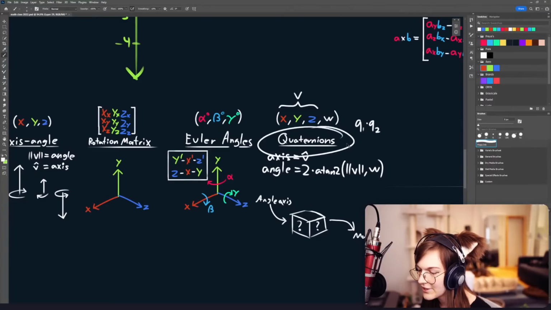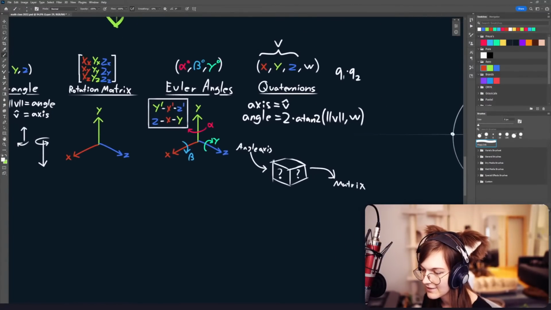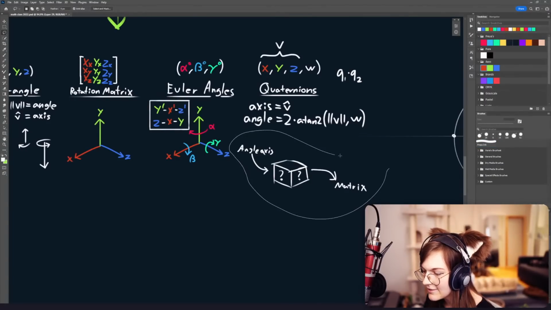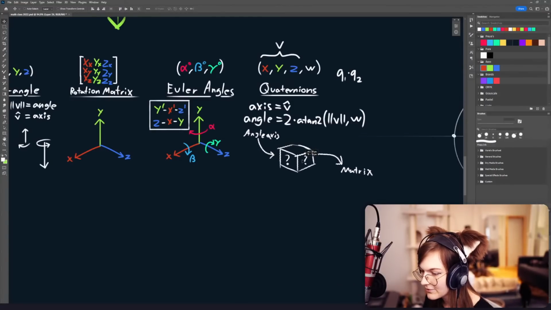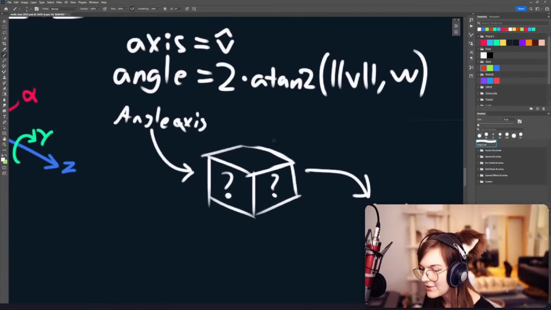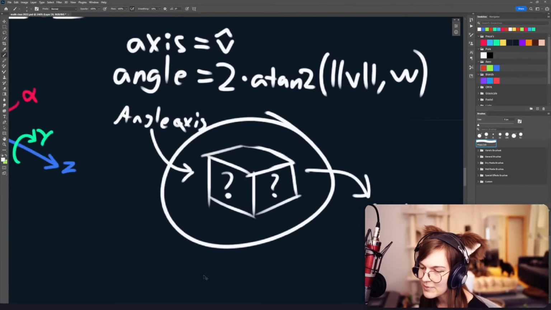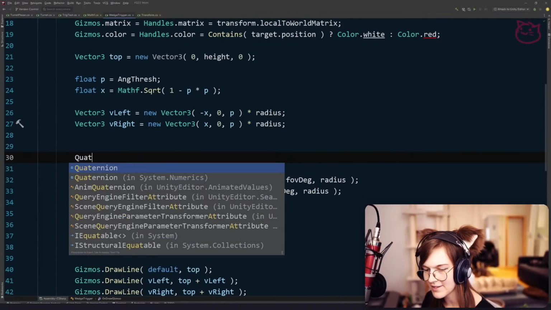So we use quaternions because interpolation and composition is fast. Other than that, they are the least intuitive and the most messy way to think about rotations. And so most people use them like this. Most people go to Unity, and then they're like, okay, I want to rotate something.